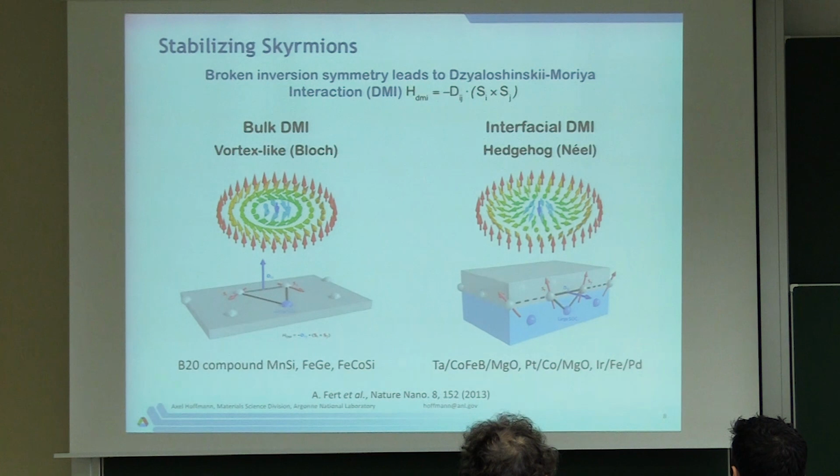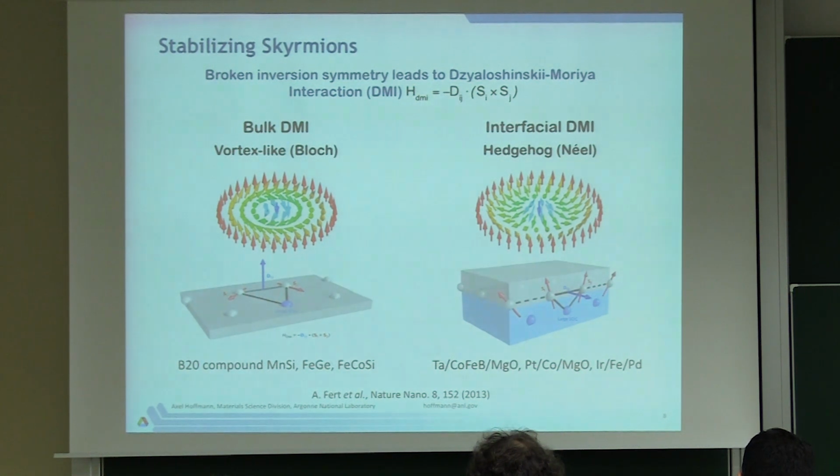So it's what they call a vortex-like skyrmion, or a Bloch-type skyrmion, because if you make a cut from here to here, this resembles what is known as a Bloch domain wall, where the magnetization rotates in the plane of the domain wall. In these interfacial systems, the spins in between point radially out or in, and this is known as a Néel skyrmion or hedgehog.